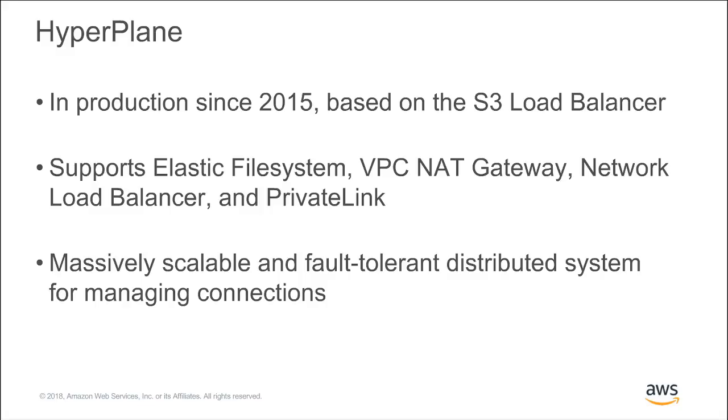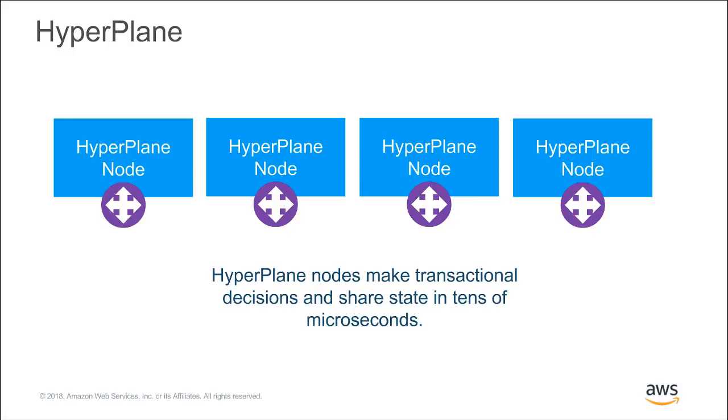It sits in the fabric of VPC at the networking layer, where we have our virtual software-defined networking. And as I said, it's a distributed system. It's made up of what we call Hyperplane nodes, and these are all nodes that are handling traffic and managing the connections.